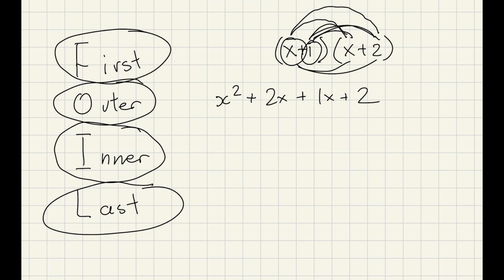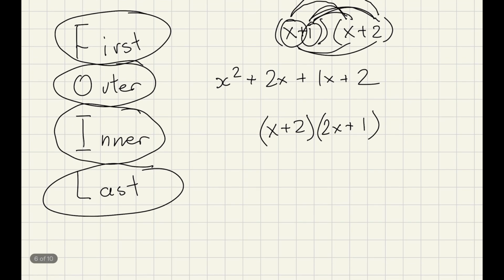So let's try another one. Let's try x plus 2 times 2x plus 1. Again, first, we're going to take the first of each bracket. That will give us 2x squared. Then we're going to take the first term times the outer of the second bracket.